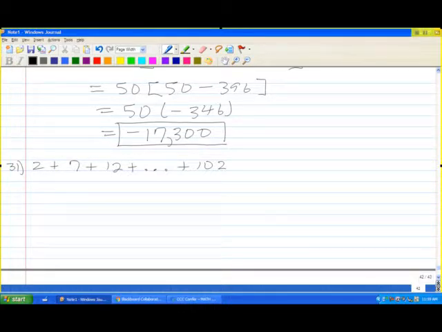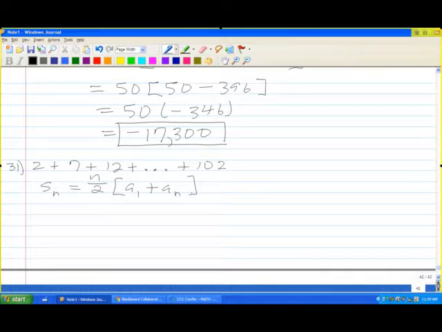Okay, so again, we're going to be using the same formula. Now, in this case, I know the last term, so I'll use the first form, that the sum of the first n terms is n over 2 times (a1 plus an).